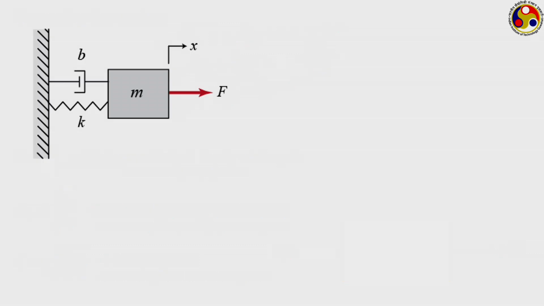One example can be this mass spring damper system. Here we have a mass being subjected to this force, it is being pushed by this force, but we have this spring k, and also one damper.